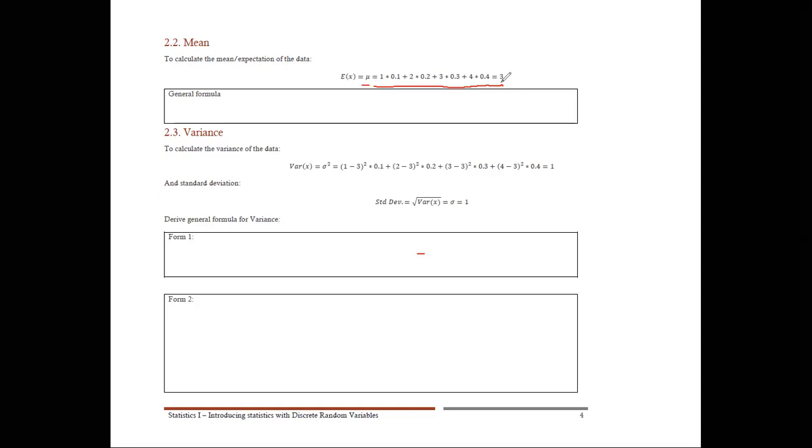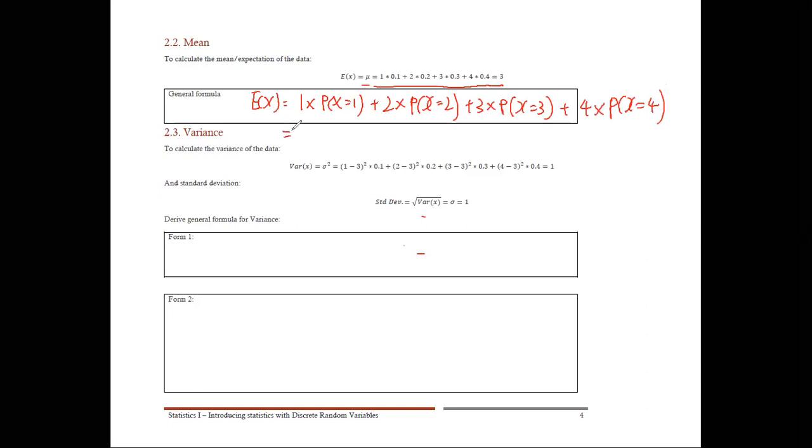So let's derive the general formula. In this case, we have the expectation. Following what we have done, it is 1 times P(X=1) plus 2 times P(X=2) plus 3 times P(X=3) plus 4 times P(X=4).